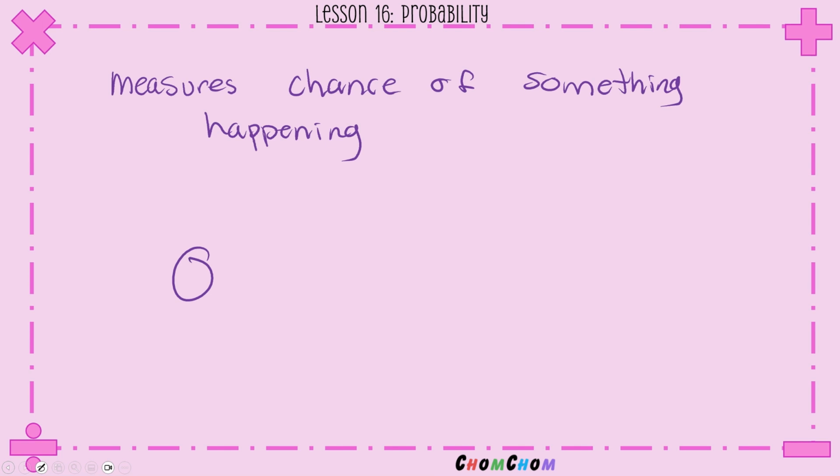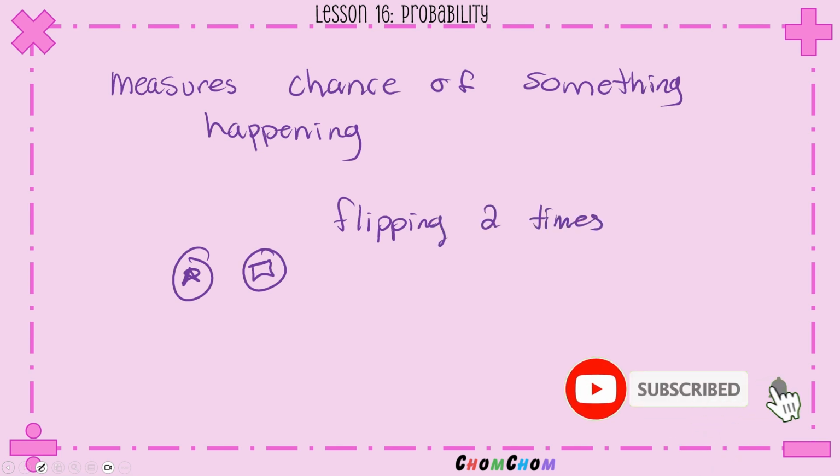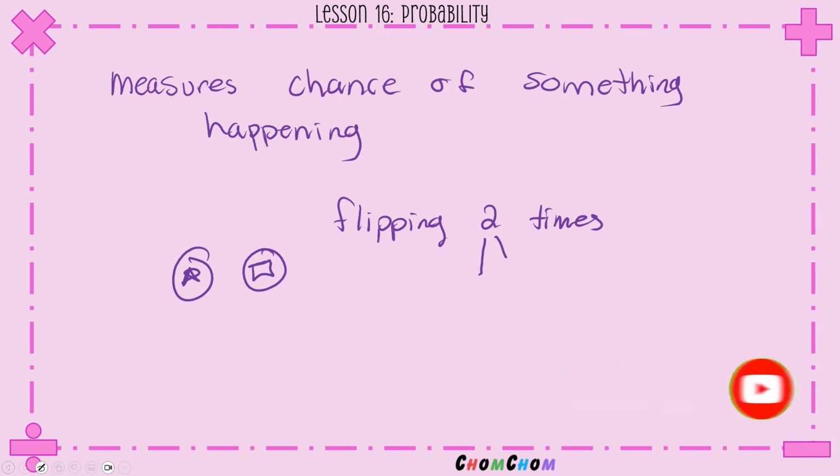Okay, so now say I have my same coin, star and square. Say that I flip it 2 times. Each time I flip the coin, there are 2 possible outcomes, so I can either get star or square.